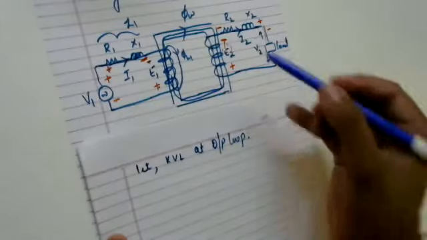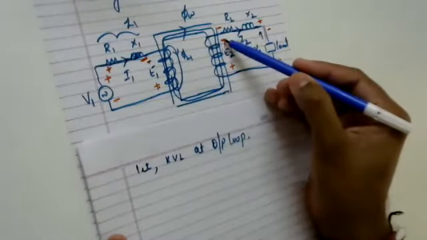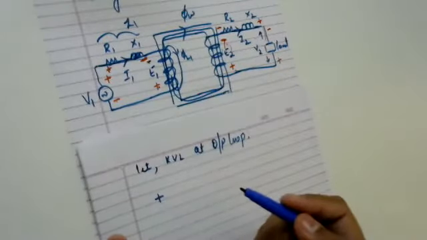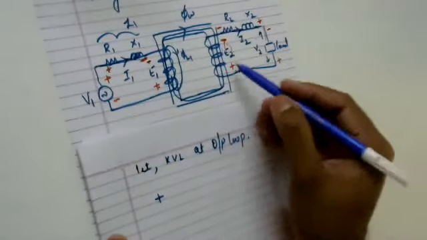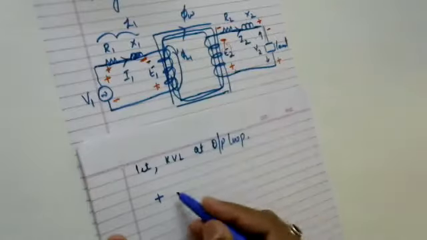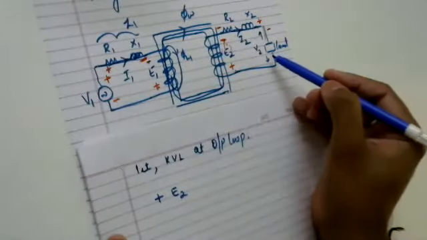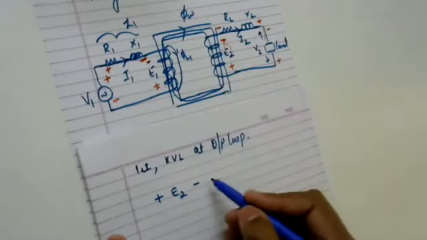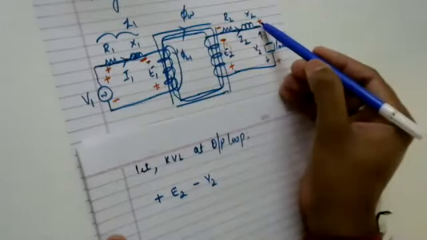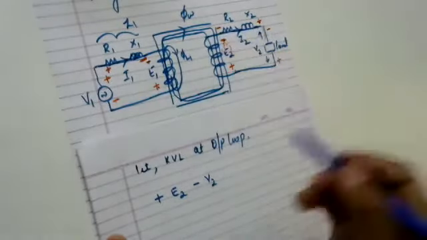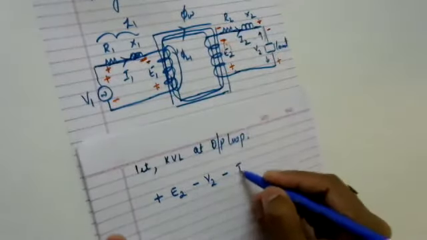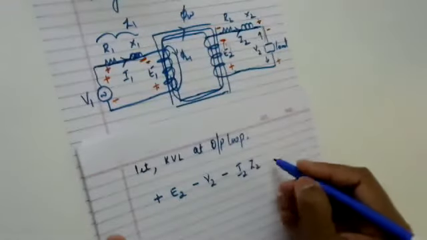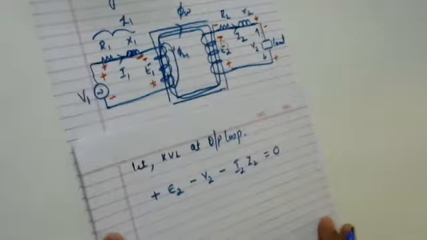I'm moving from negative to positive, so this is positive. This is E2. Then I'm moving from positive to negative, so this is minus V2. Then again moving from positive to negative, so this is minus I2 into Z2. This will be equal to 0.